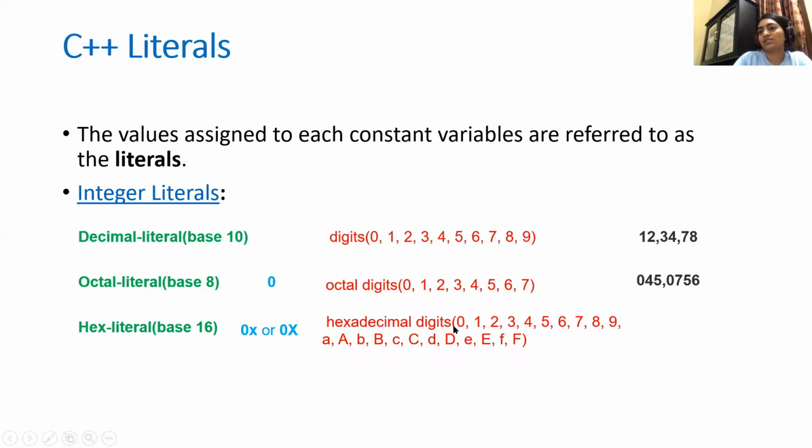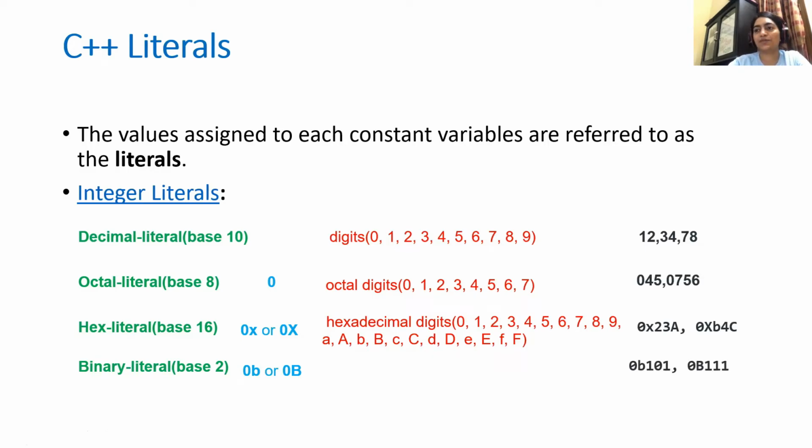You should see that 0 to 9 are the numbers, and after that 10 is represented by A. You can use small a or capital A. 11 is represented by B or small b, and so on till 15, right? And this is the representation of a hex literal, 0x23A. Then binary literals, you must know that binary is base 2, 0 or 1. And how will the computer know? With the prefix 0b or 0B.